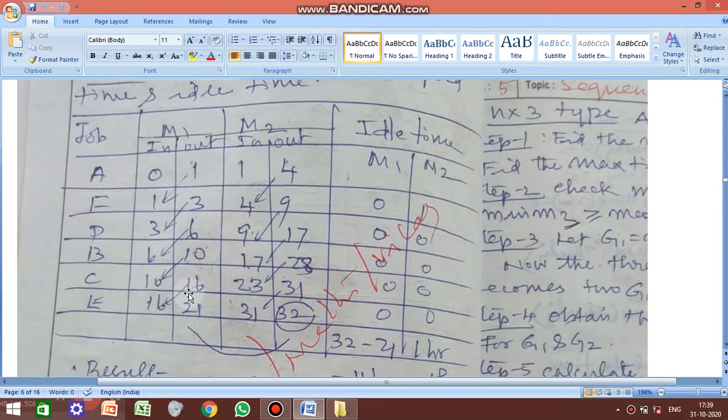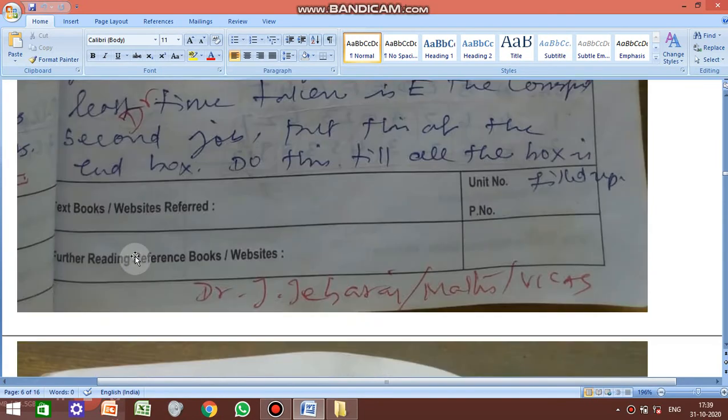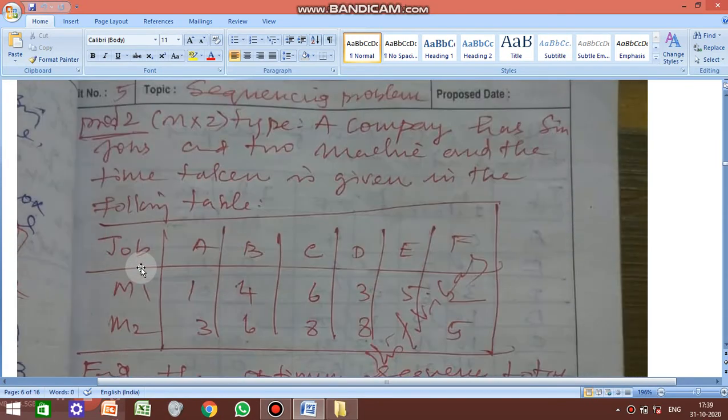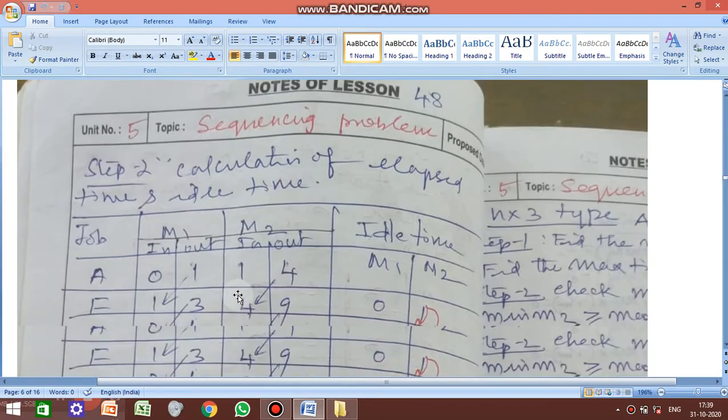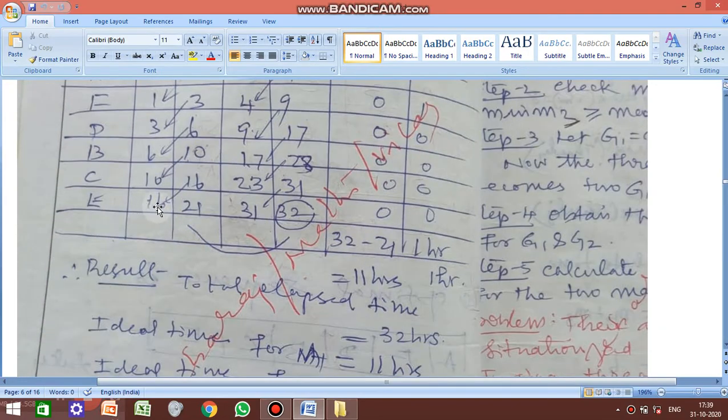Units means days or months or years; nothing is given, therefore I am taking them as units. So 16 units. This out time becomes the in time for the next activity E. To find the out time, how much does M1 take to finish activity E? It takes 5 units. So we add 5 with this to get 21.